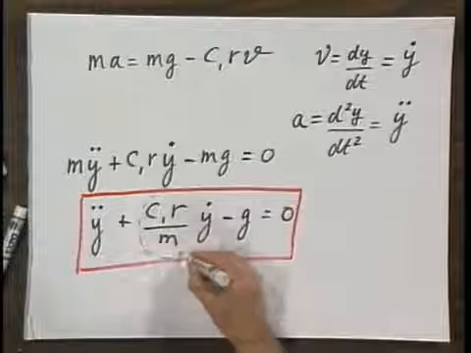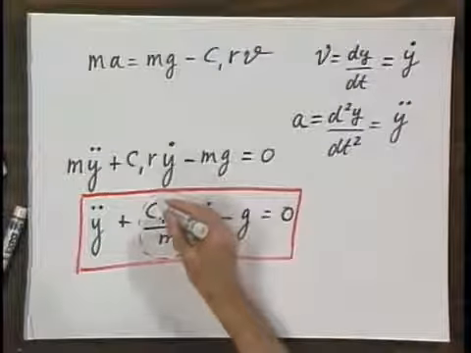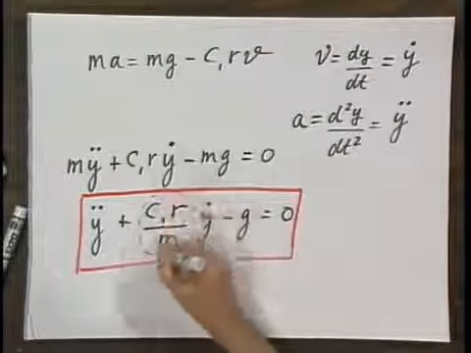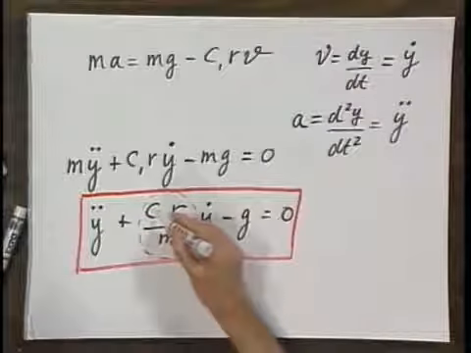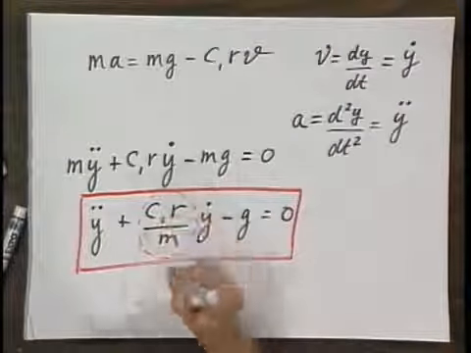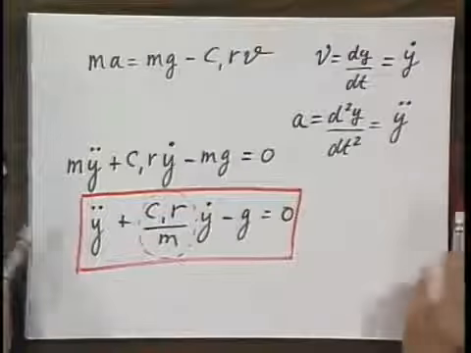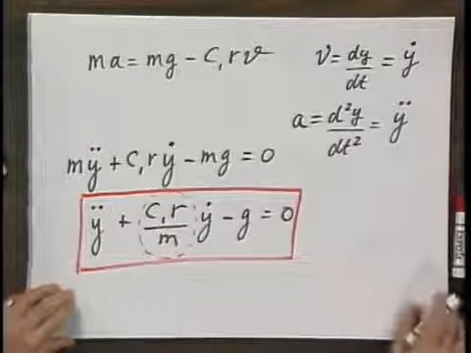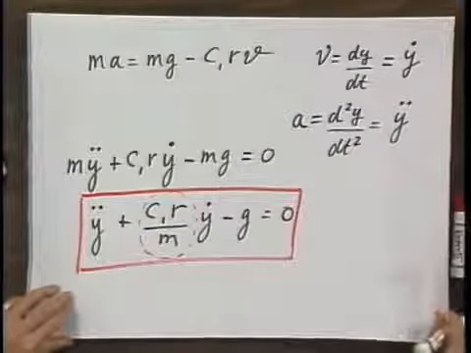For a given object with a given radius and a given mass, this is a constant. And if this is air at 1 atmosphere, we know the value for C1. What is the solution to this differential equation?